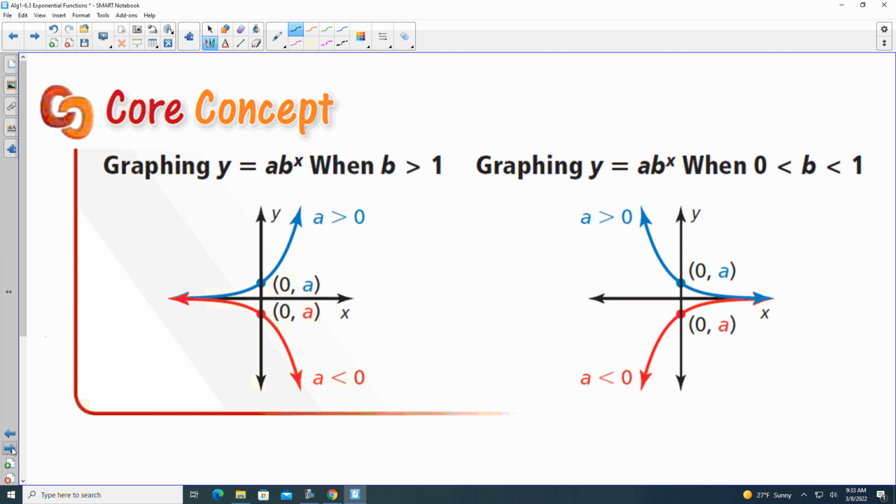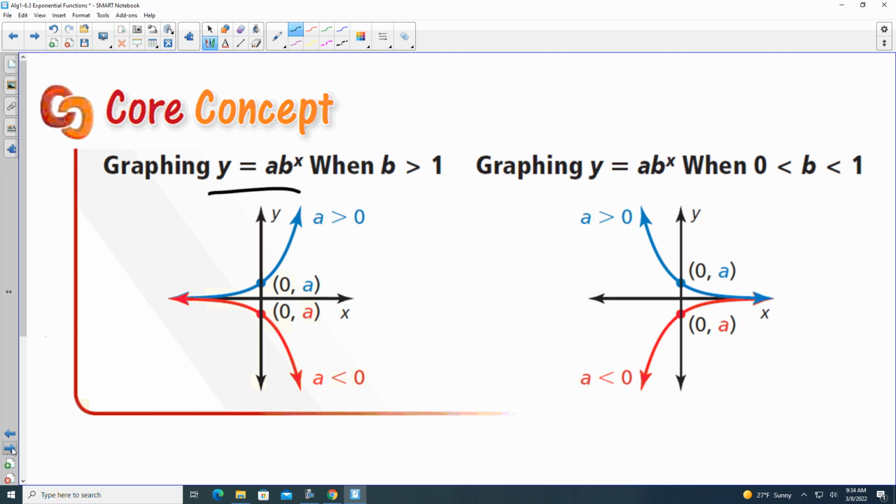Here are examples of two types of exponential functions. This first one here, it's still y is equal to a times b raised to the x power. We talked about that in the beginning of the section.